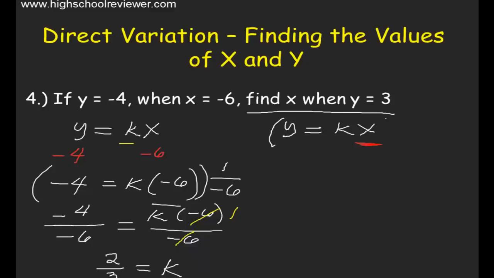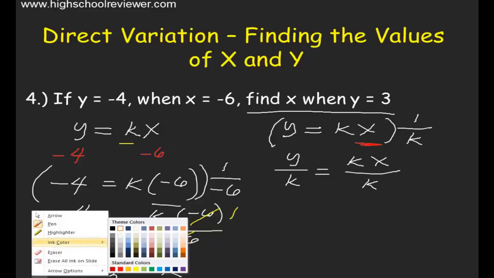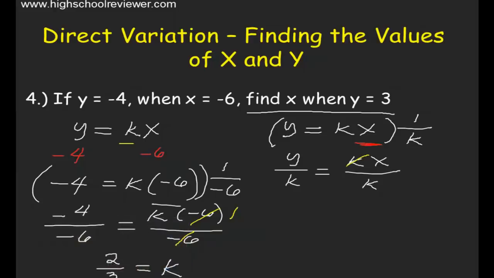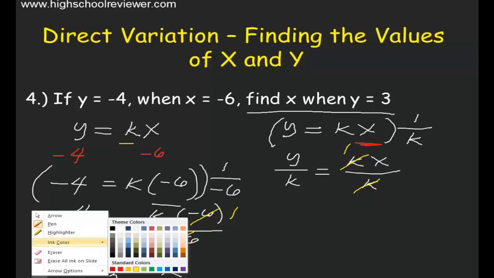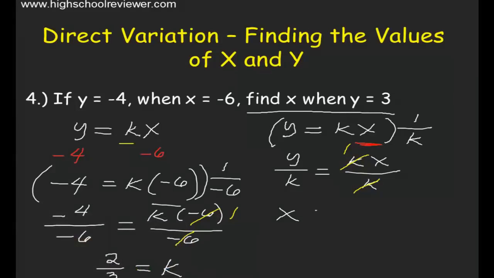So to cancel out k, we are going to divide both sides of the equation by k. So this will be y all over k equals kx all over k. But k divided by k is equal to 1. So our equation for x is equal to y all over k.